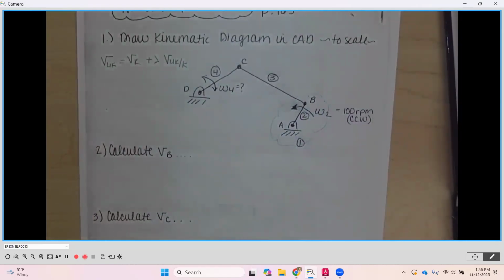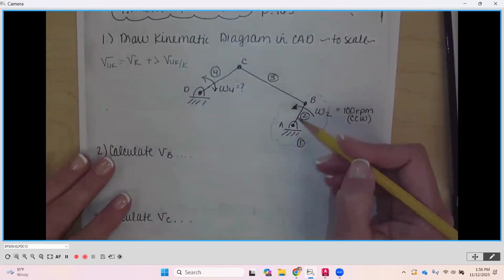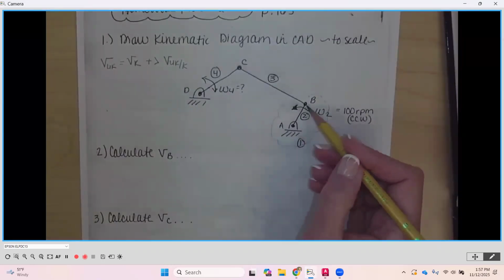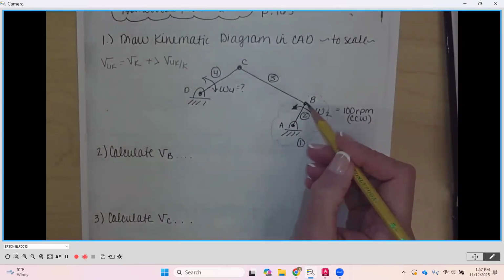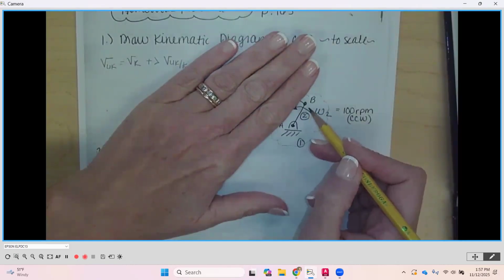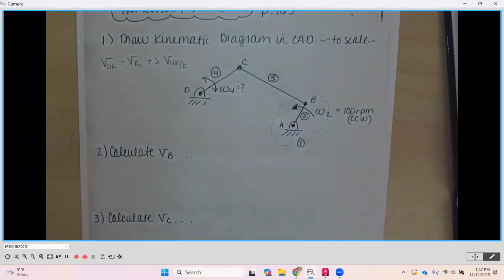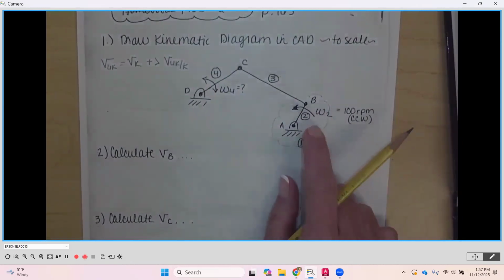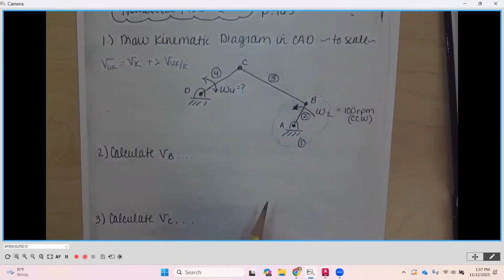We know how fast link number 2 is going. We know how long it is, okay? And then we have the endpoints identified, okay? Now, the endpoint of link number 2 is point B. And as we've seen by just looking at that link, we can get what the velocity of that endpoint would be, okay? We know how fast it's going. We know how long it is based on the diagram in the book.